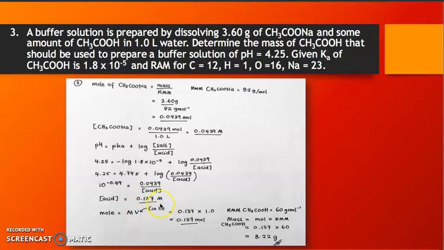The volume must be in liters, and you get 0.137 mole. The question asks you to find the mass of acetic acid, and the RMM for acetic acid is 60 grams per mole. The mass is equal to mole times RMM, and you get the answer 8.22 grams of acetic acid.